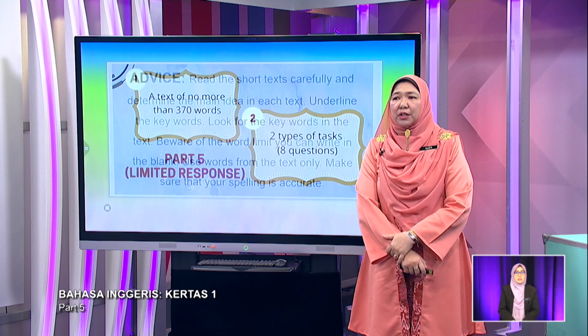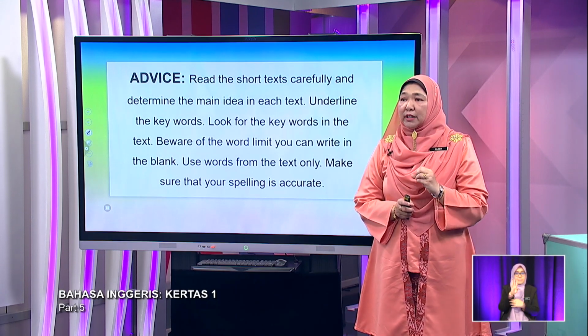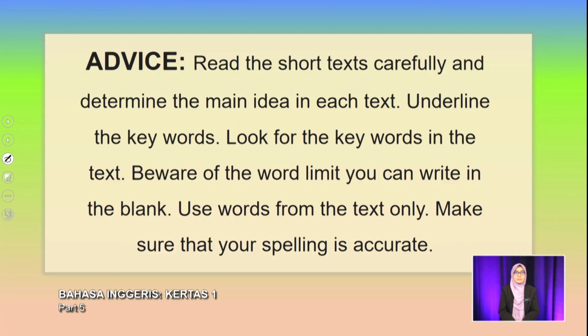My advice for this part is that you will be given a short text. You have to read it carefully and then determine the main idea in each text. Read carefully and underline the keywords. Look for the keywords in the text.